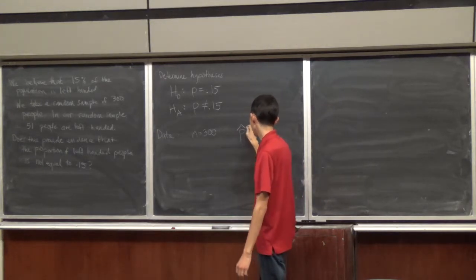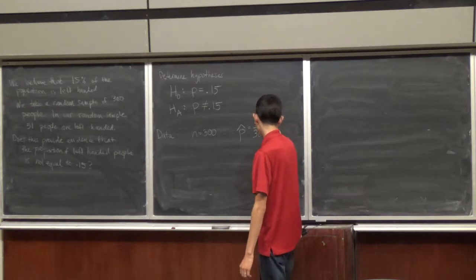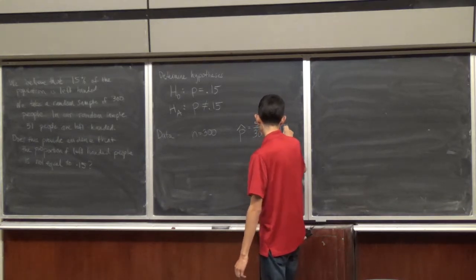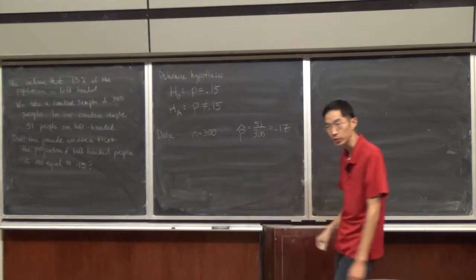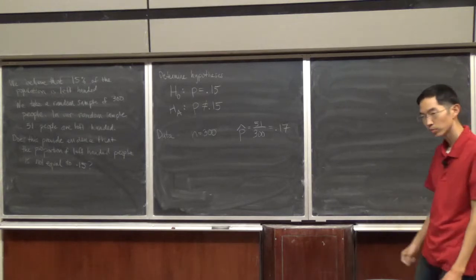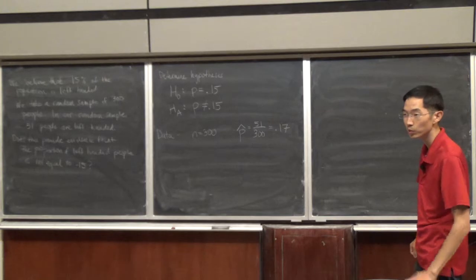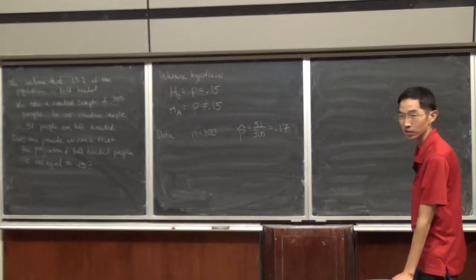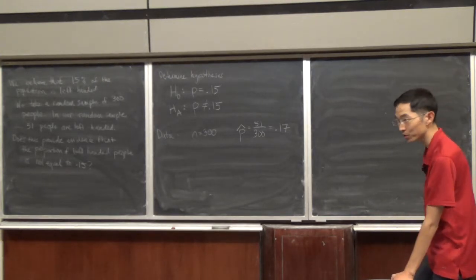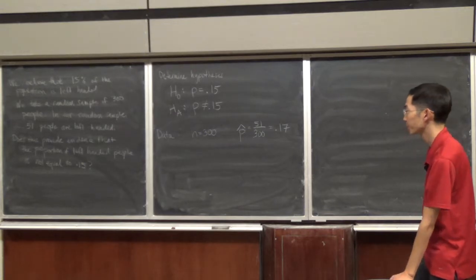P hat is 51 divided by 300. 17%, 0.17. Okay. So do not write P hat is equal to 51. P hat is always a proportion. So your proportion always has to be between 0 and 1. So if you're putting in a number larger than 1, you've done something wrong for your sample proportion.